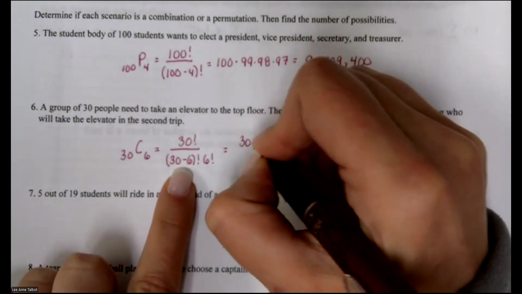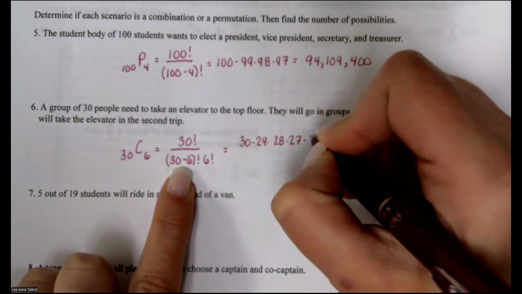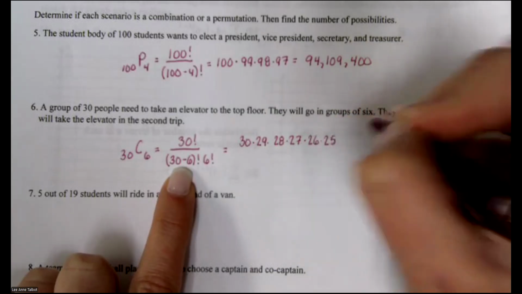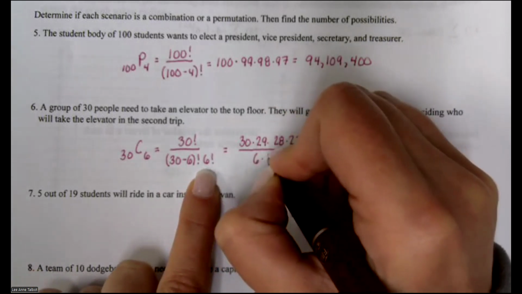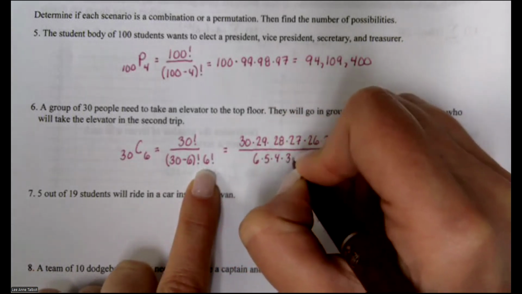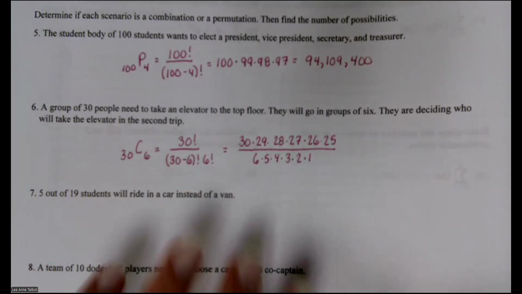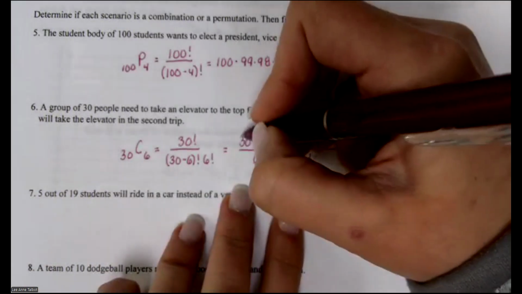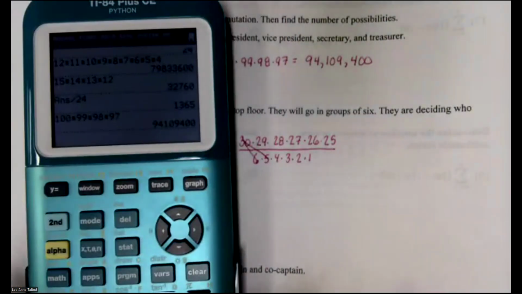So I need 30 times 29 times 28 times 27 times 26 times 25, and then 6 times 5 times 4 times 3 times 2 times 1. Now I'm just lazy. I'm going to cancel out the 6 and 5 with the 30. You don't have to do that. You can.